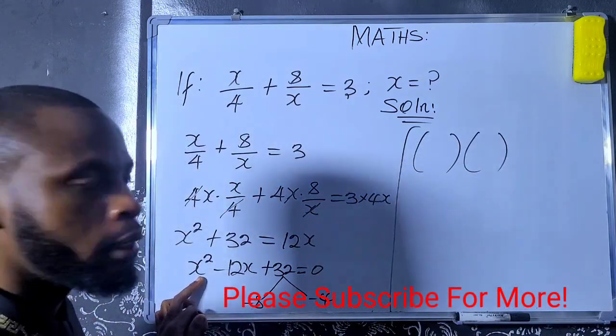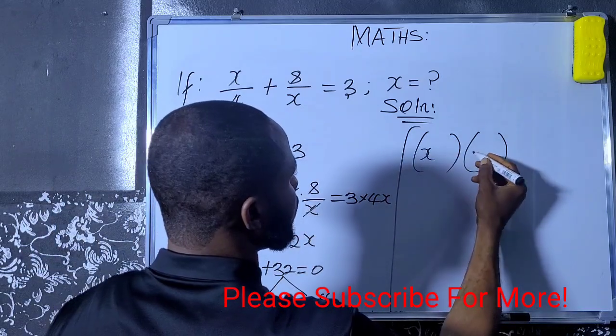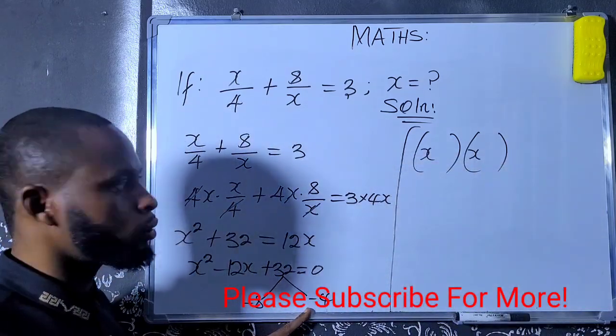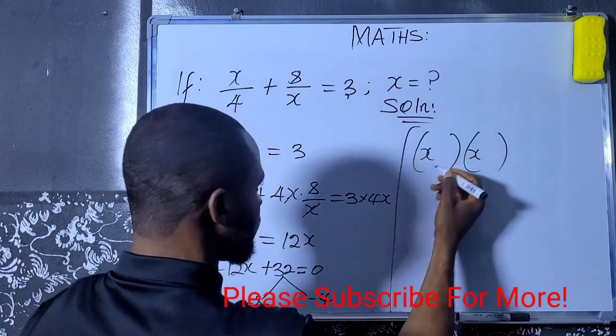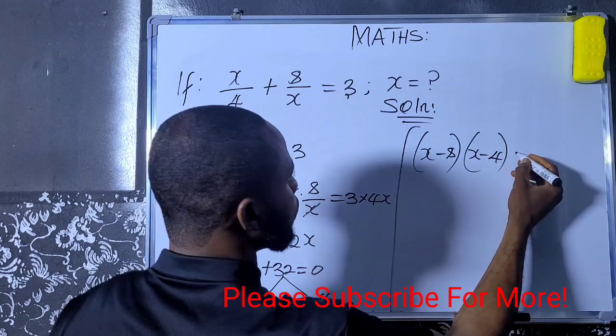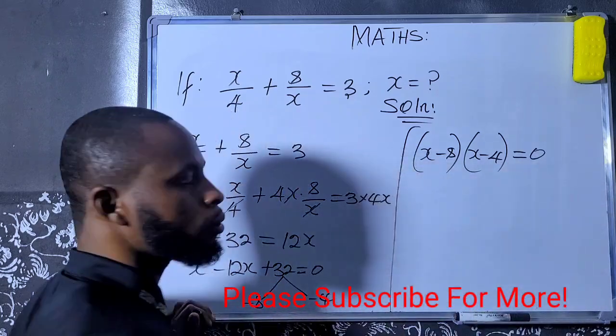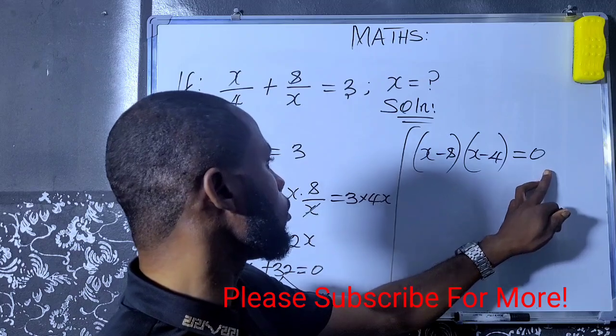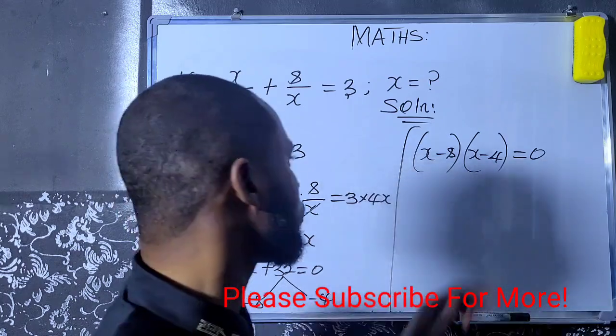Then in that case, open two parentheses like this. Since this is x squared, introduce x here and introduce another x here. Then introduce each of these factors into the parentheses. You can decide to put minus 8 here and minus 4 here and equate it to 0. Then it is either this equals 0 or this equals 0.